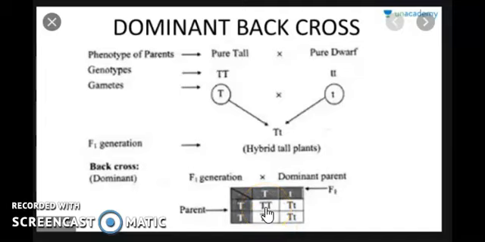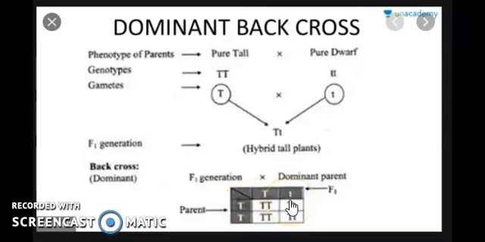This is because the homozygous or pure dominant tall parent will produce only one type of gamete, that is capital T, and the hybrid tall, capital T small t, will produce two types of gamete, capital T and small t.